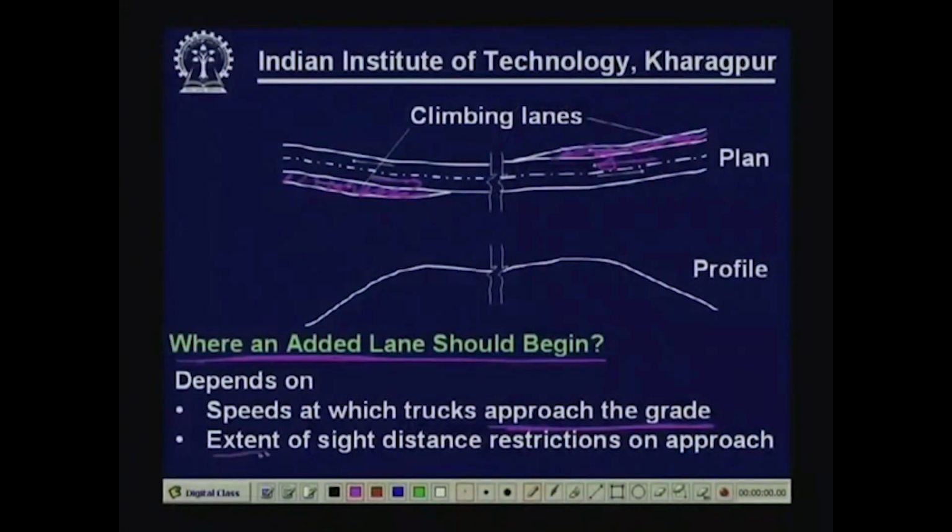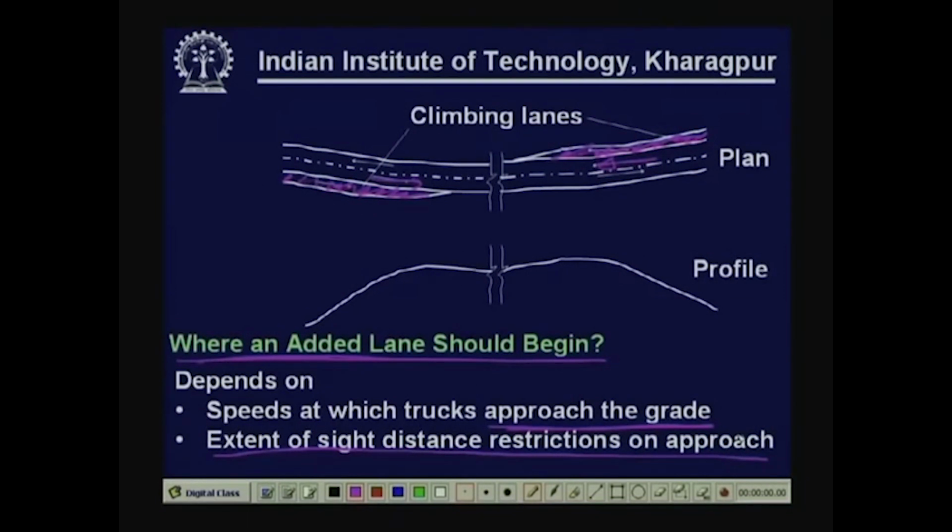But if the speed is less and the truck is trying to negotiate the grade, you expect the reduction of speed much earlier. And then second, the extent of sight distance restriction on approach.